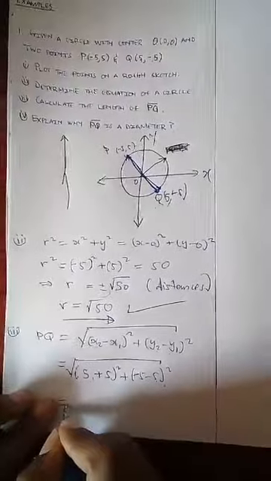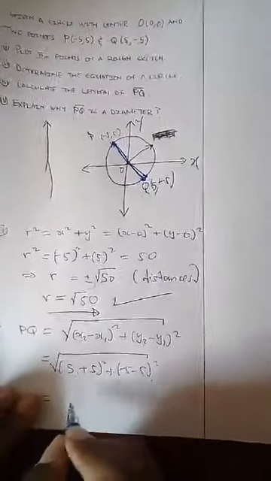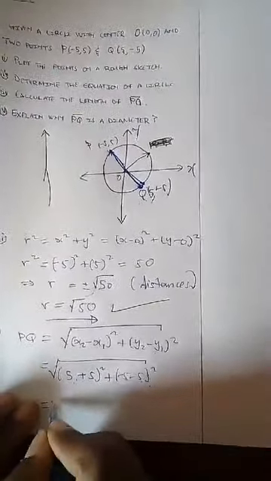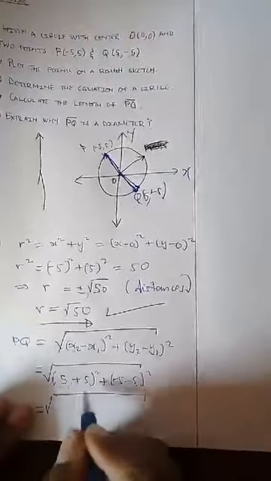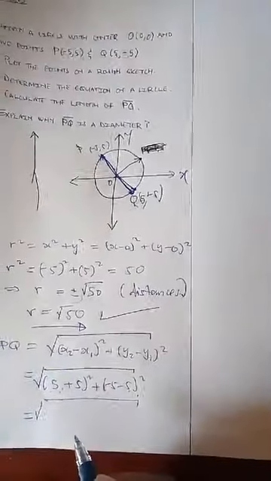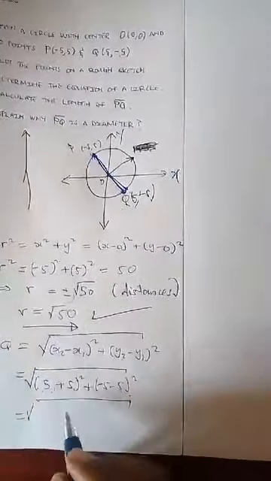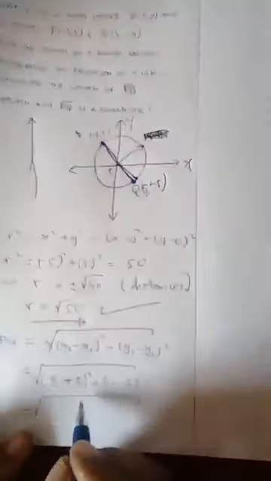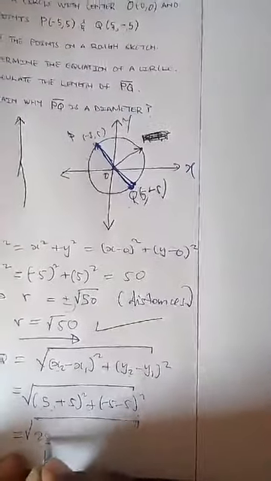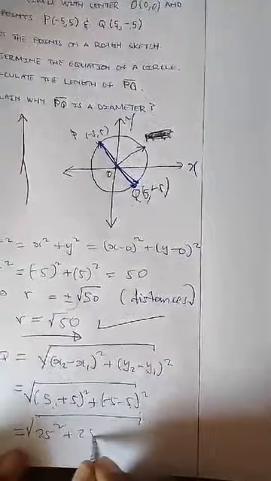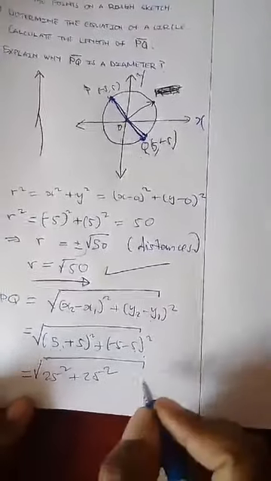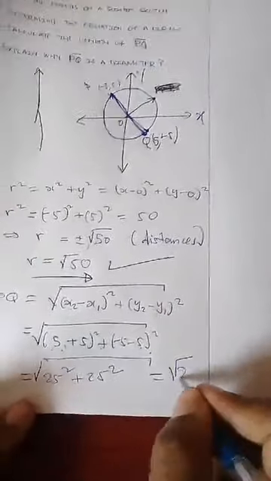This still brings us to the root of 10 squared plus 10 squared, so ultimately here we'll get the root of 200.